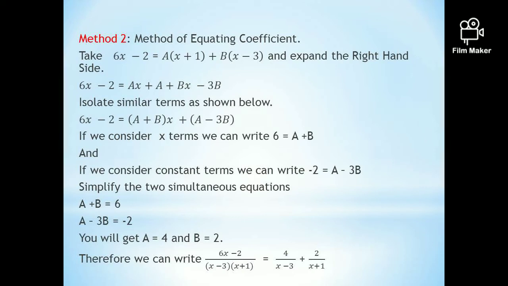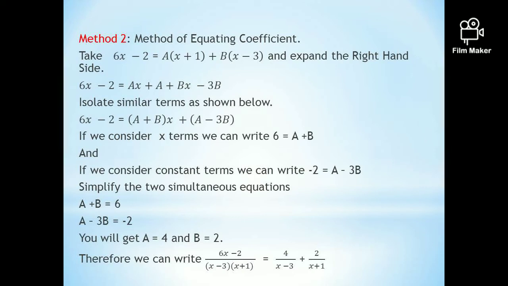Now, the second method. In the second method also, we use the same equation: 6x minus 2 is equal to a times (x plus 1) plus b times (x minus 3). Then simplify the right hand side, that is a times (x plus 1) plus b times (x minus 3). Remove the brackets and simplify.